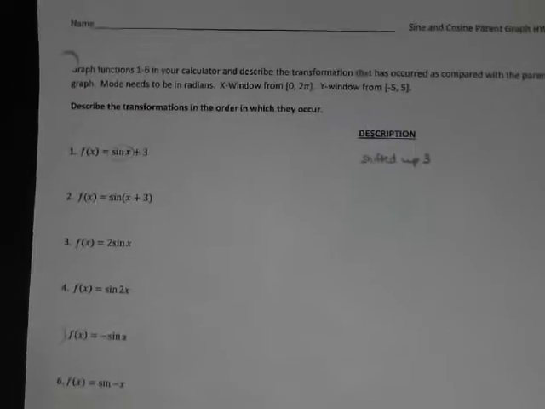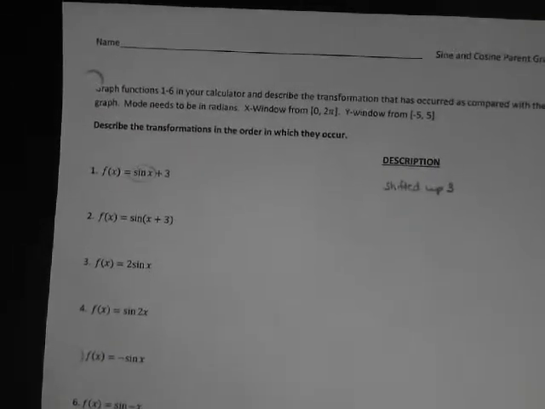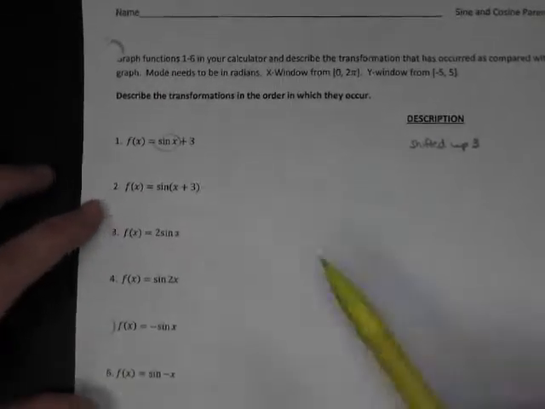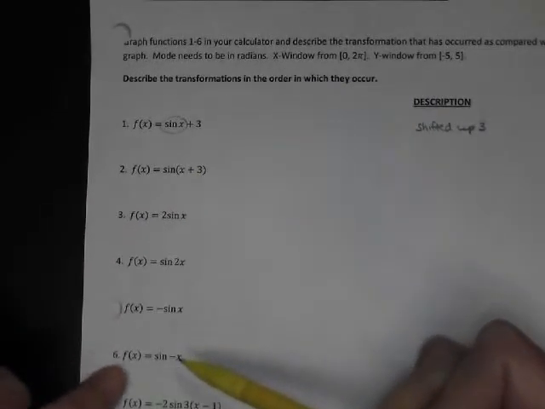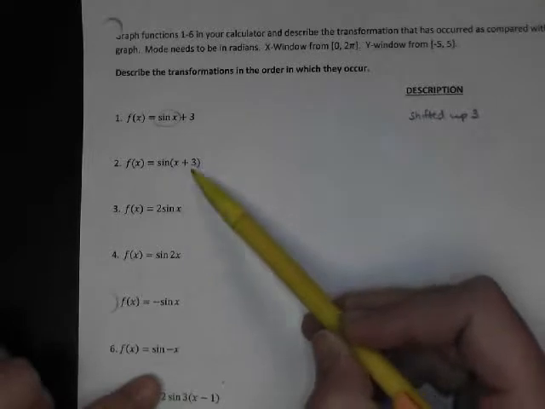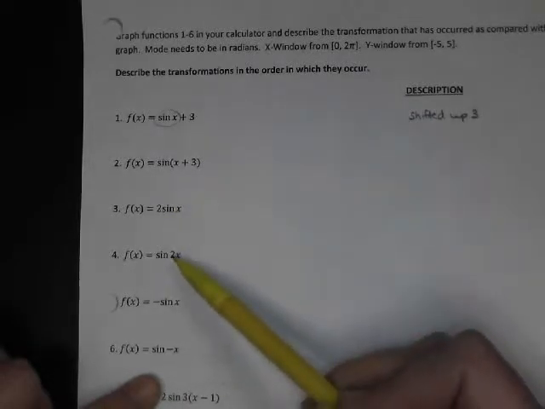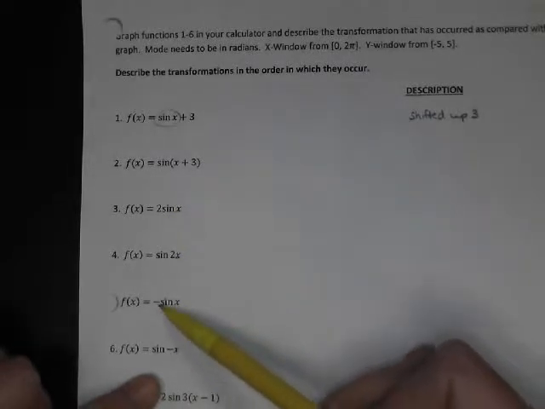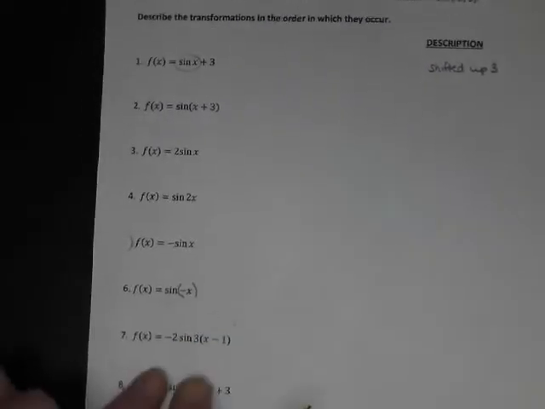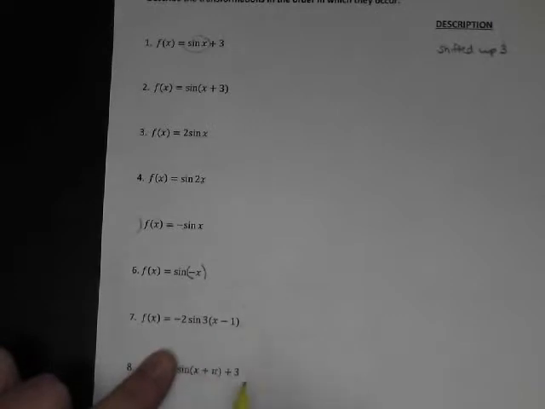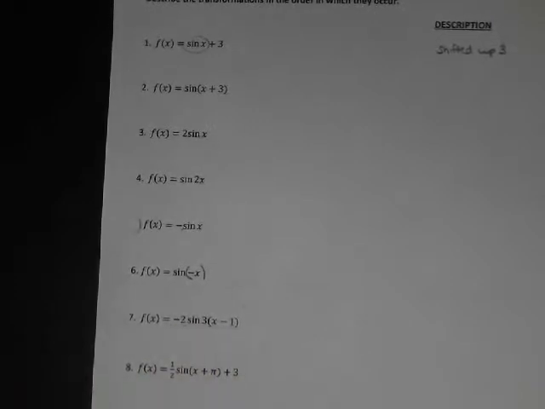I'm just quickly looking if there's anything else I want to talk about, even on your homework. All of these first examples only have one transformation. Horizontal shift, vertical stretch, horizontal compression, vertical flip, horizontal flip. That should probably be in parentheses. It's only down here where I start giving you multiple transformations that you have to worry about describing.